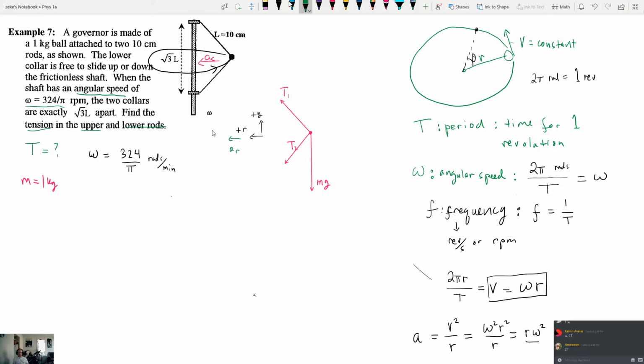Okay, after we've done that stuff, we need to break up our forces into components, so let's do that. So we're going to have components for T1 and T2. So T1 is going to have a component that goes this way, and another component that goes this way.